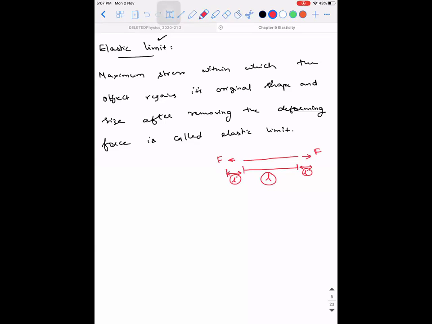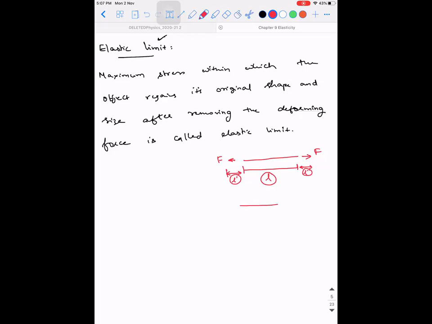Am I right? There will be a particular force beyond which the object will not be able to come back to its original length L. Rather, there will be a complete setback. Means the material would have changed its dimension.